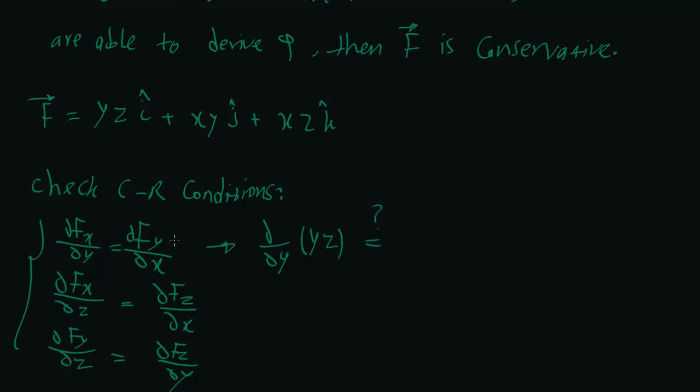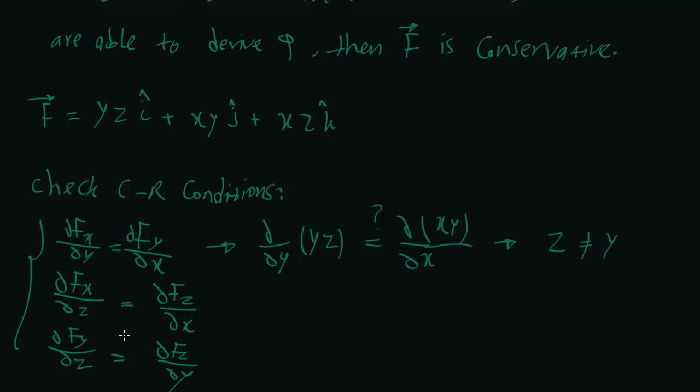And the derivative of fy with respect to x, the derivative of the second component, xy. So the derivative of yz with respect to y is equal to z, and the derivative of xy with respect to x is equal to y. So this equation doesn't hold true, and just from here we can say that F is not conservative.